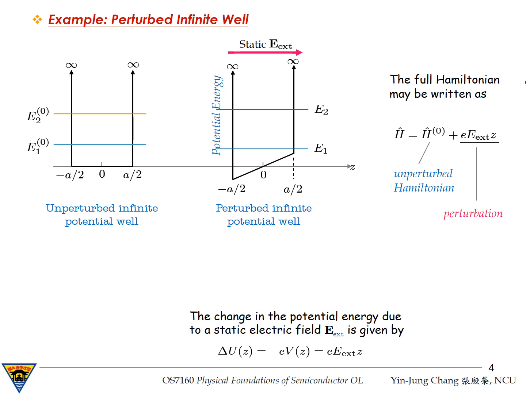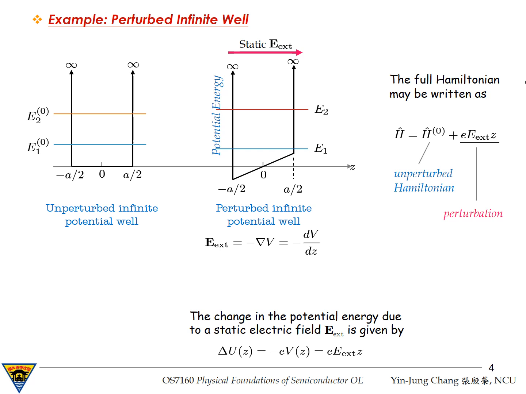Here, when a static electric field is applied in the plus z direction, the potential V of z is tilted downward to the right according to the relationship between the electric field and electric potential, as shown in this equation. Since the electric field is the negative gradient of the electric potential, the field must always point in the direction of the steepest decrease in potential.